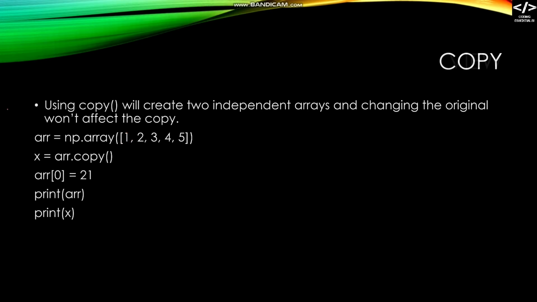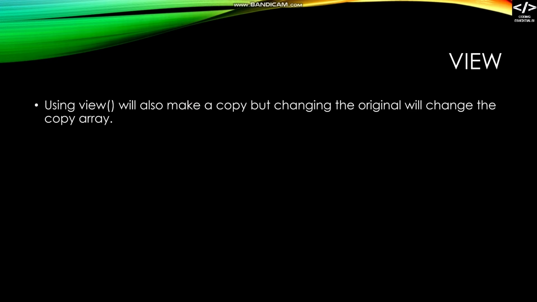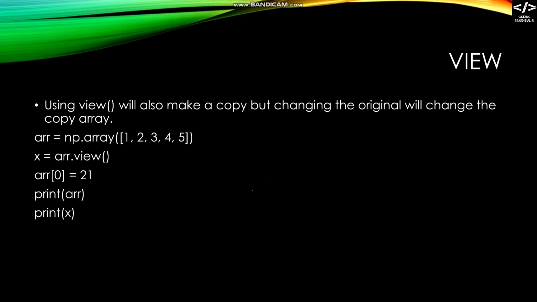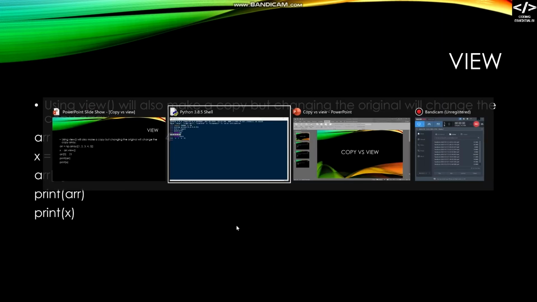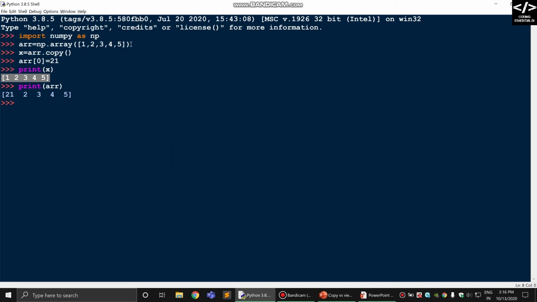Now moving on to view. So view method will also make a copy, but changing the original will change the copied array. So let us prove using this again. So first we'll define an array, and x equals arr dot view.